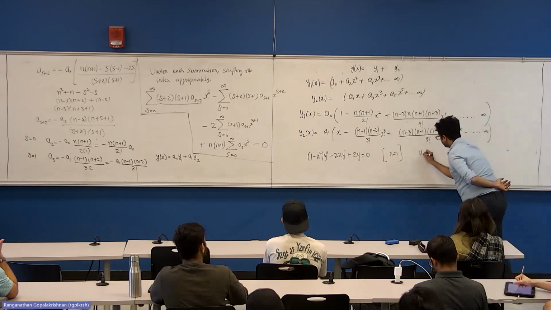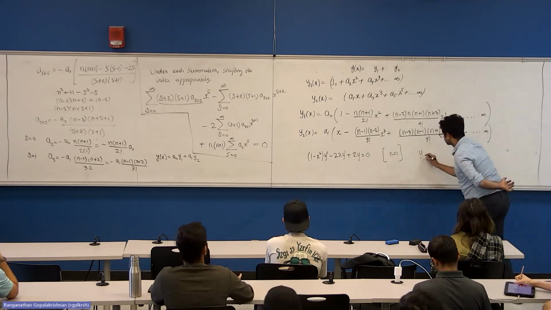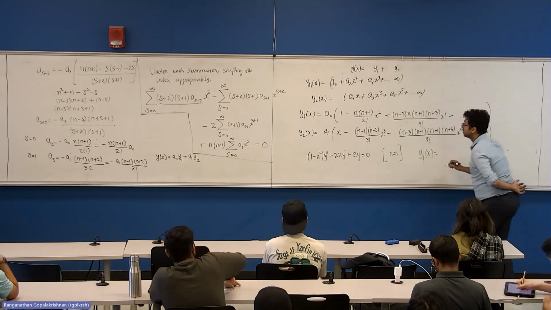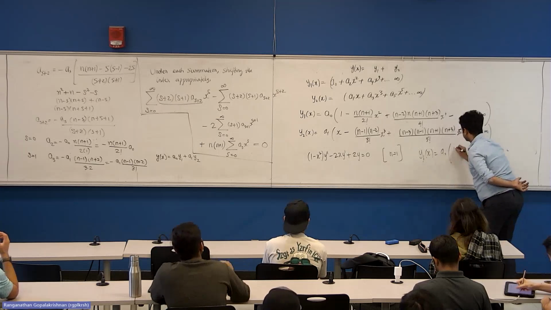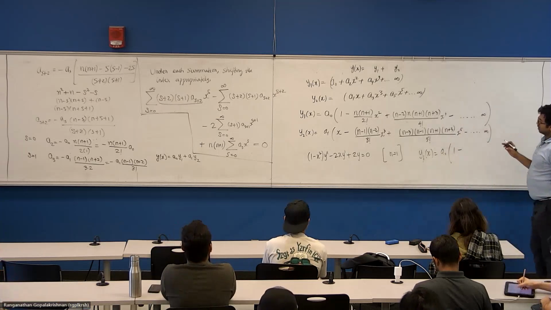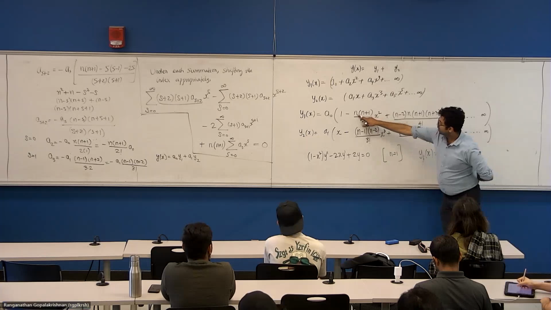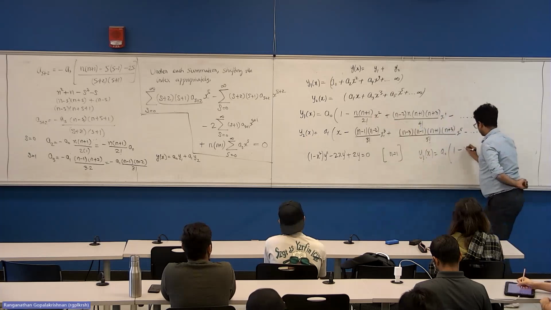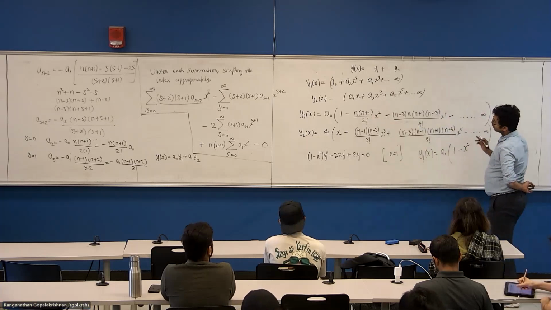In that case, y1 of x is going to be a naught times 1 minus, with n equals 1, 1 times 2 divided by 2 factorial. So that's x squared, right?